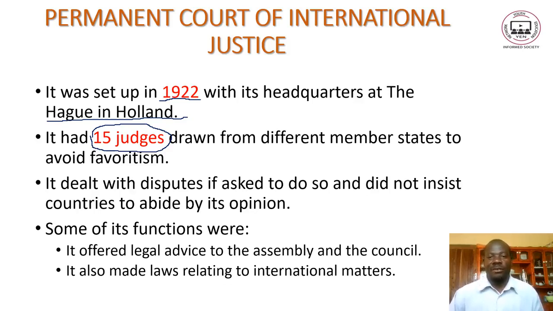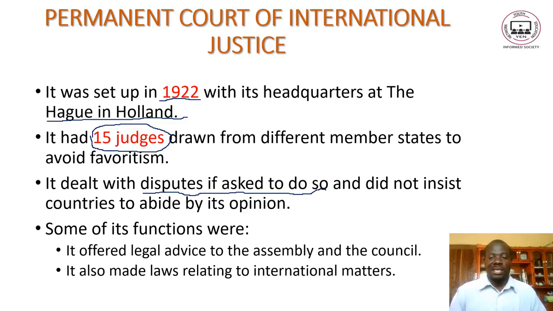Why? To avoid favoritism, no favor. And it was dealing with disputes, but only if it was asked to do so. And it was not insisting countries abide by its opinion. So that's how it was working.